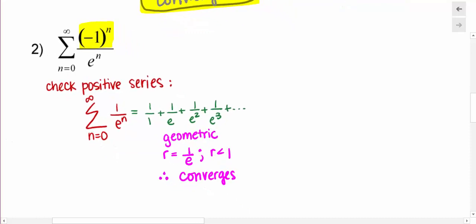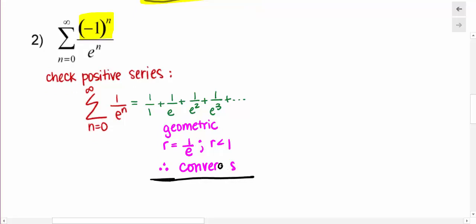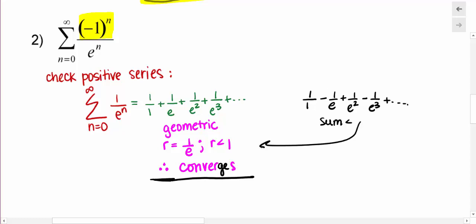And so what we know is, if the positive series of this, 1 over 1 plus 1 over e plus 1 over e squared plus 1 over e cubed, etc., where I'm adding positive terms the whole time, if that converges, then we know that if I alternate these signs and look at this, the sum of 1 over 1 minus 1 over e plus 1 over e squared minus 1 over e cubed, etc., that sum is less than this sum over here.